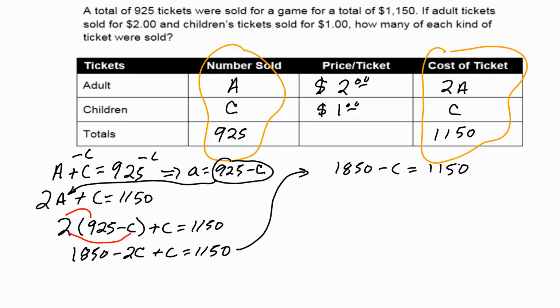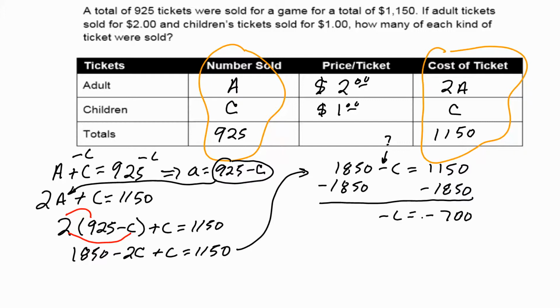Now at this point, that minus C might be of a concern, but let's just keep working the problem. Obviously we can't sell negative tickets, but we'll see what happens. So if we subtract 1850 from both sides, 1150 minus 1850 gives us a minus 700.